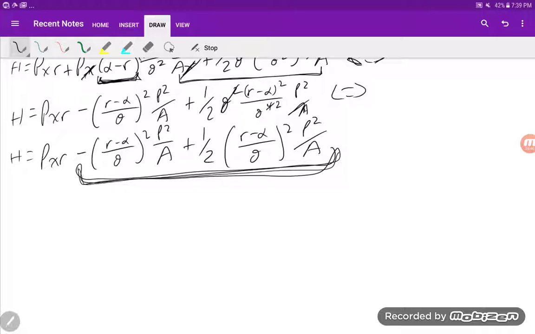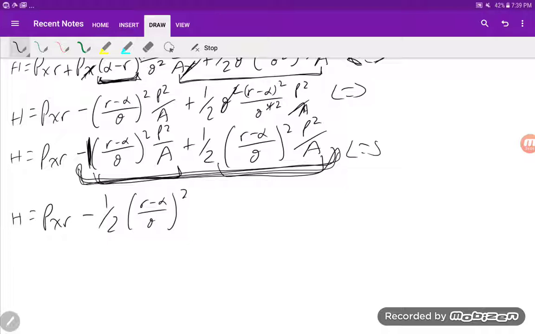So that just becomes negative 1/2, because I think we have negative 1 here. So negative 1 of these plus 1/2 of these, because all this stuff is the same. So we're finally led to our Hamiltonian just equals pxr minus 1/2 r minus a over sigma squared p squared over a.